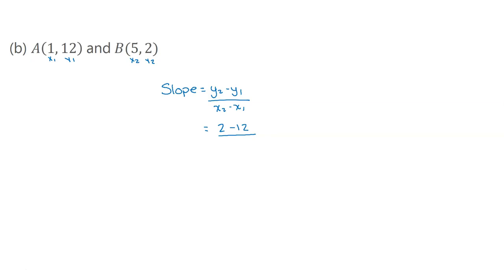Now plugging in my x values, I get 5 minus 1. Now working this out, I get 2 minus 12 to be negative 10, and 5 minus 1 to be 4. Now negative 10 over 4 can be reduced, so let's write this as negative 5 over 2.